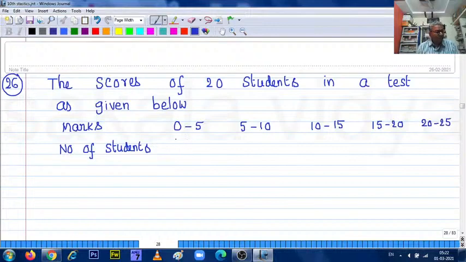So 0 to 5 there are 3, 5 to 10 there are 4, 10 to 15 there are 7 given, 15 to 20 there are 2 students, and here 4.